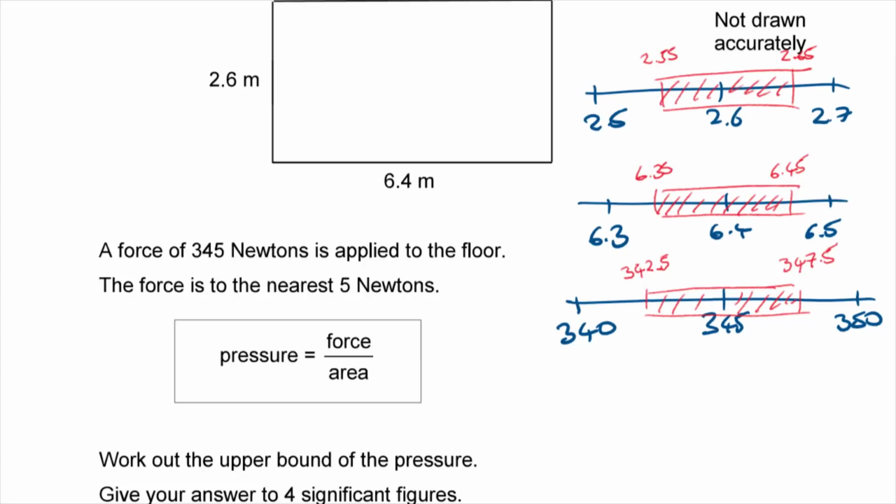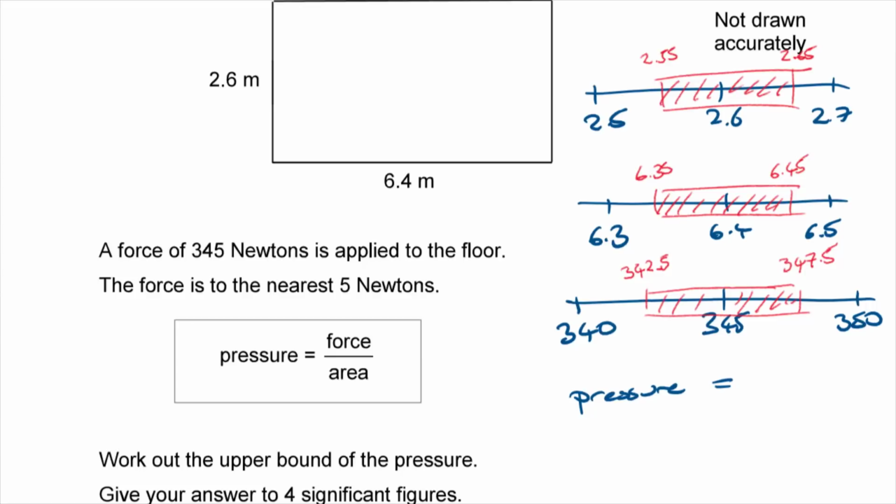I can then go on and consider which ones I'm going to have to use. So we're told that pressure equals force divided by area. Work out the upper bound of this pressure. What's the largest possible pressure I can get from those values? Okay, so pressure then, am I going to use the largest possible force or the smallest possible force to get the largest possible pressure?